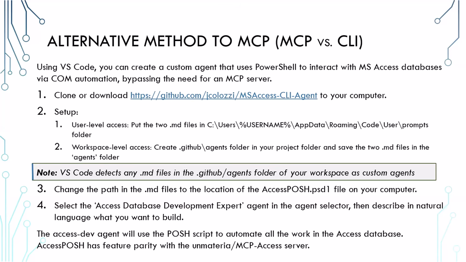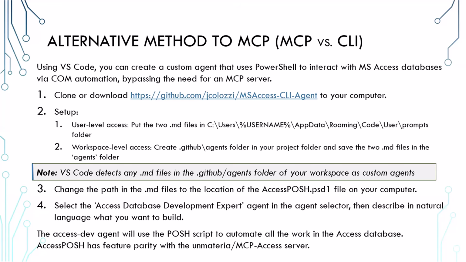One of the ways I found this out was through the MCP server going stale, and the agent finished my changes using PowerShell. So I had a light bulb moment and said, let me create a whole PowerShell COM module for working with Access based off of Unmateria's MCP Access server.